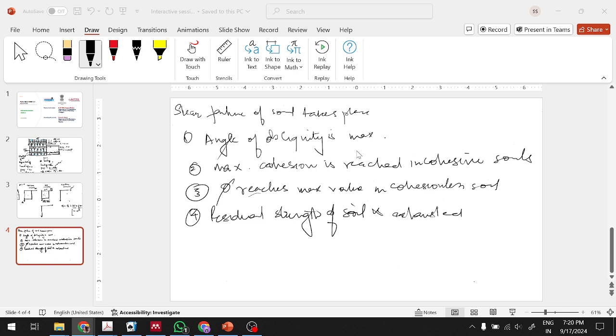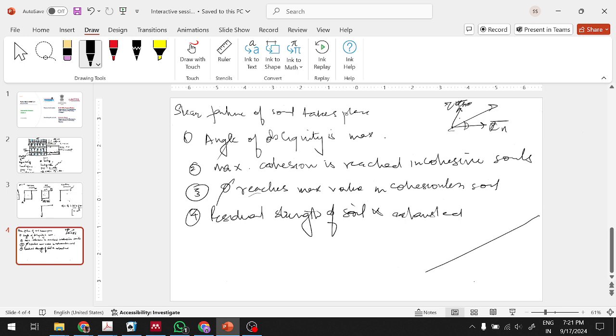As you said, it is the angle between the normal and the resultant.